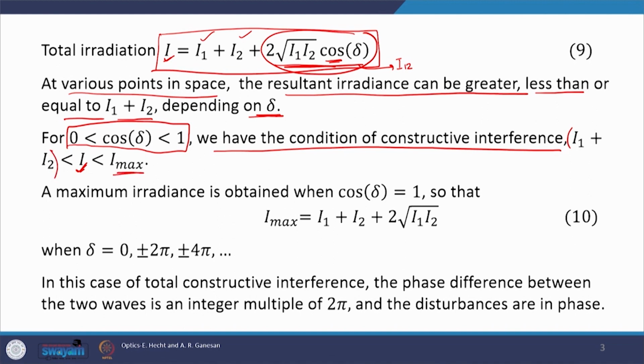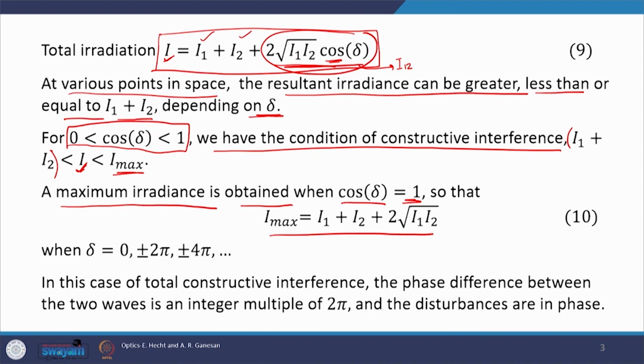I max is the maximum irradiance, which is equal to I1 plus I2 plus 2 square root of I1 I2. We get I max when delta is equal to 0, that is, when cos delta is equal to 1, and in this case I max is equal to I1 plus I2 plus 2 square root of I1 I2.